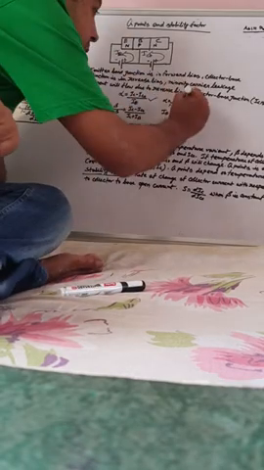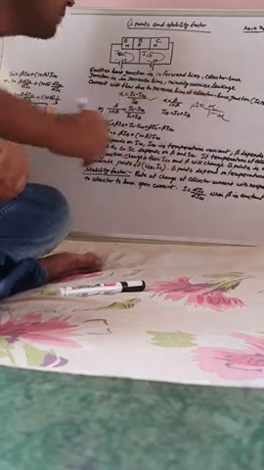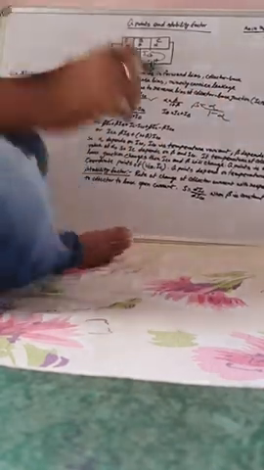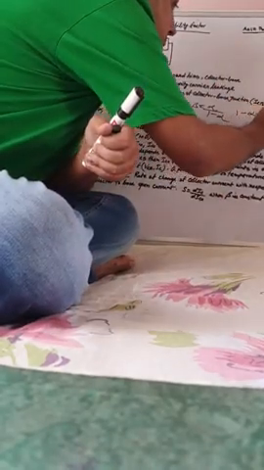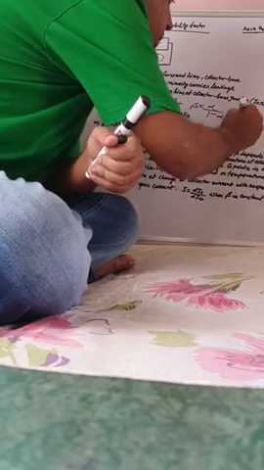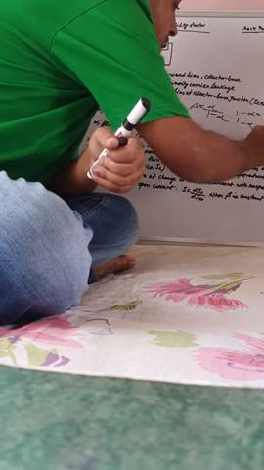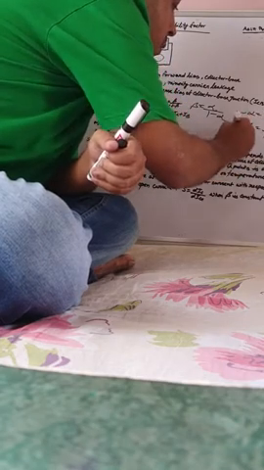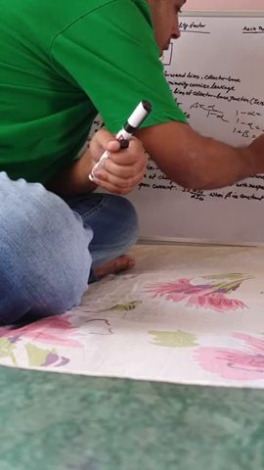So, beta is equal to alpha by 1 minus alpha. How? See this carefully. 1 minus alpha equal to 1 minus beta by 1 plus beta. So, 1 minus alpha equal to 1 by 1 plus beta. 1 plus beta is equal to 1 by 1 minus alpha.